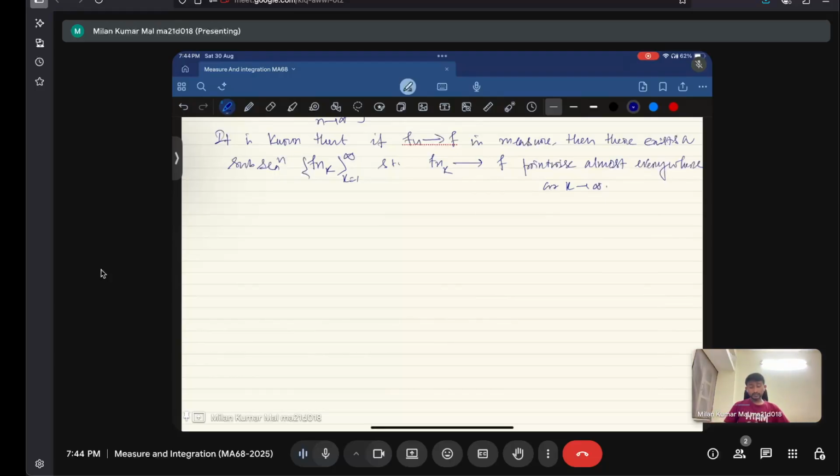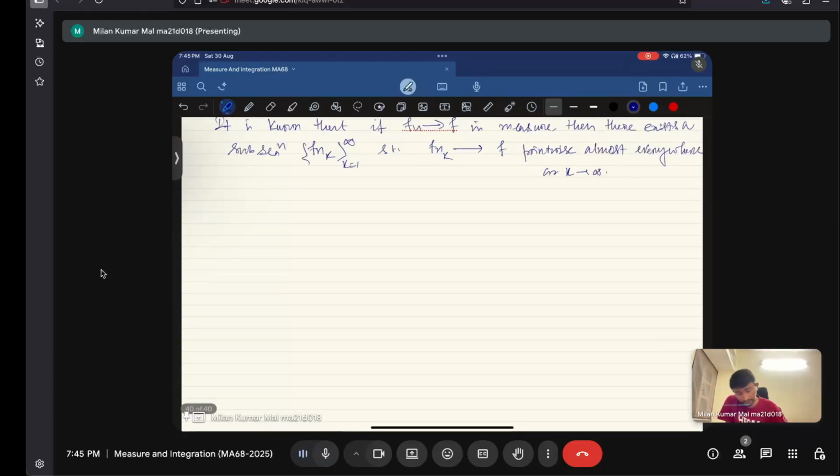This is the fact. So now we can say that the integral of f_{n_k} d mu converges to the integral of f d mu. There is no doubt, but we have to use some different things actually, because we need the full limit convergence, not just pointwise almost everywhere convergence.